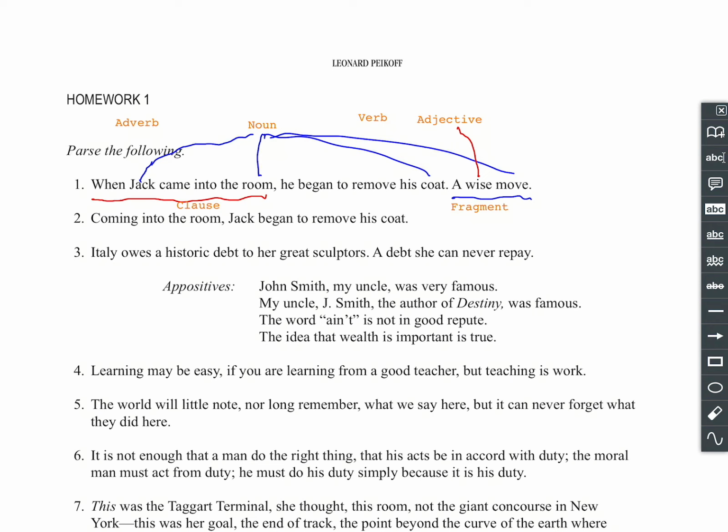It's not a complete sentence because it has when, which means it's going to be like when Jack came into the room, something happened, and it doesn't tell you what. So I think it's a clause. He began to remove his coat is a clause that could actually be a sentence.